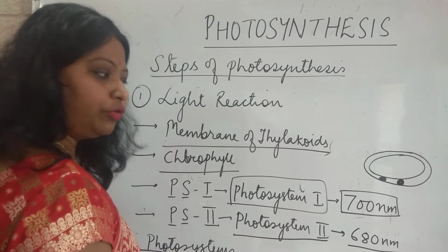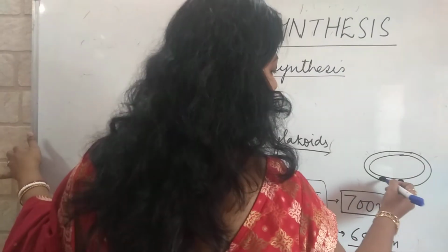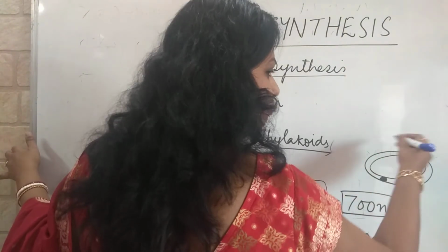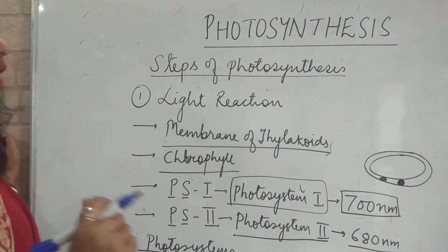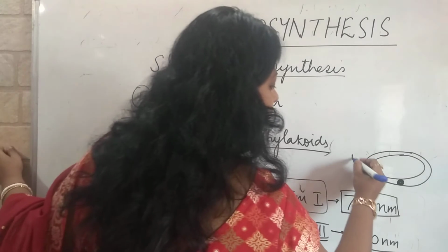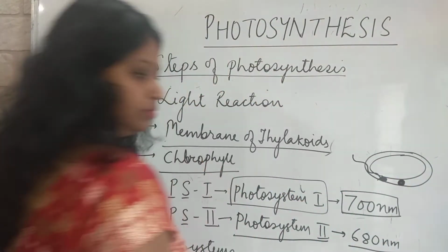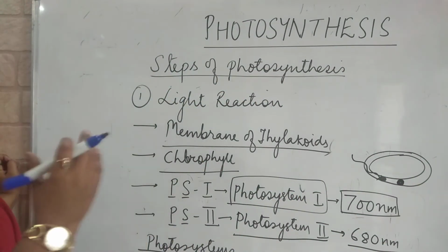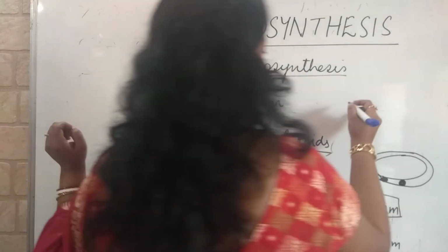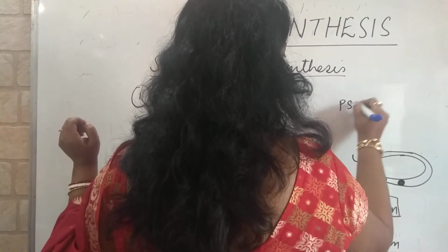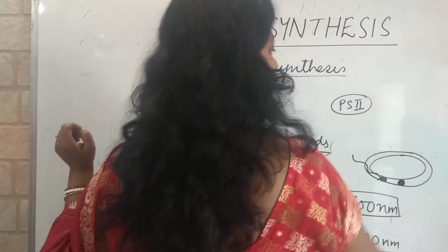Is it clear to all of you? So these are the systems which are present in the membrane region of thylakoid, which will help in absorbing the solar radiations. When we see this complete light reaction, it basically starts with PS2.